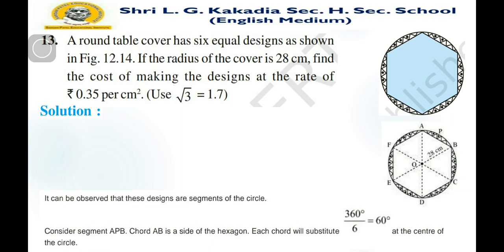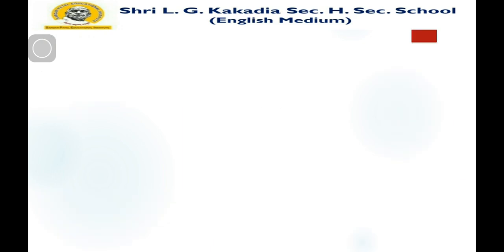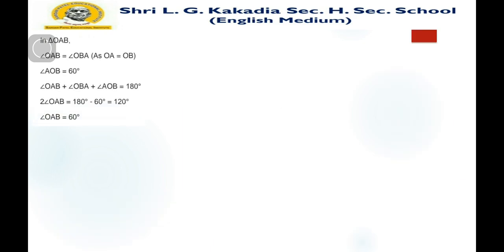Each chord subtends 360 degrees divided by 6, which is 60 degrees, at the center of the circle. In triangle OAB, angle OAB is equal to angle OBA. It is obvious. Why?